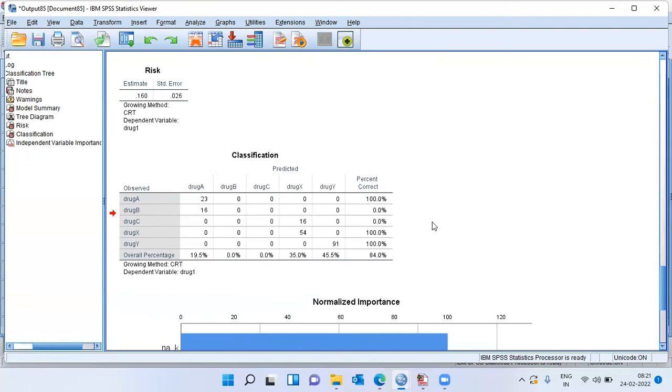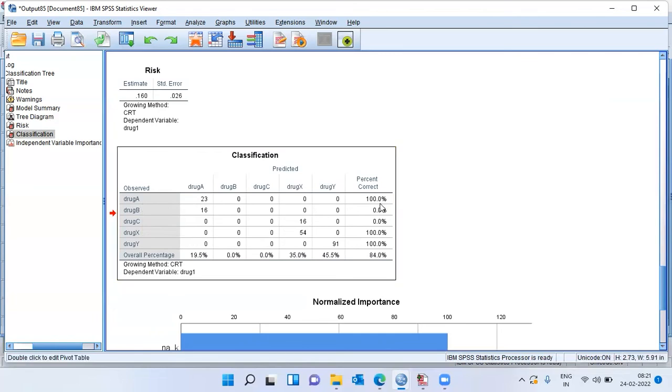Now, in this data set, what do we observe? We observe that when it comes to classifying drug A, my model is 100% accurate, which means 23 patients who have earlier responded to drug A have been correctly assigned drug A itself. So you can see here the off-diagonal elements are 0.